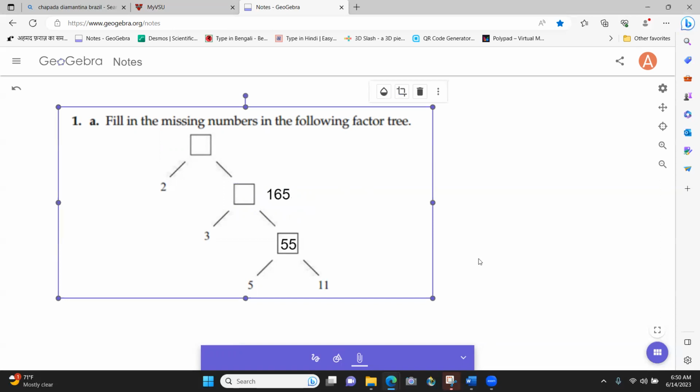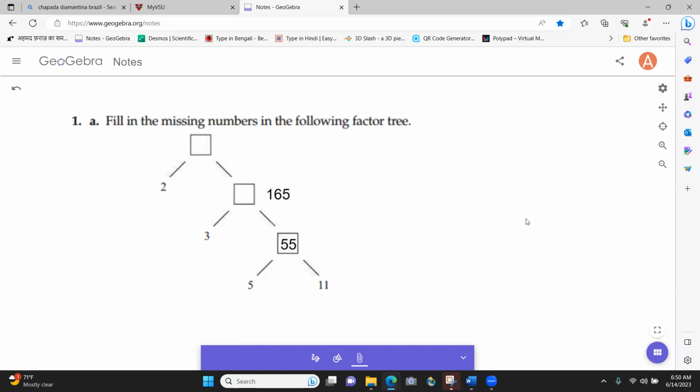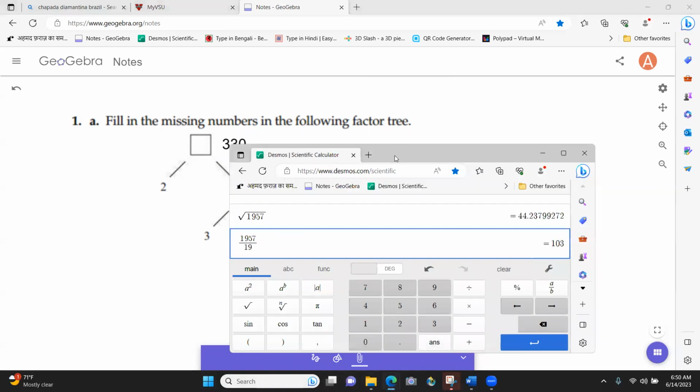Okay, 165 times 2 is going to be 200, 330. I'm going to do a quick check on my calculator. Just don't want to make a mistake here. It's very tedious to fix. Okay, so what did I do? 5 times 11 is 55.